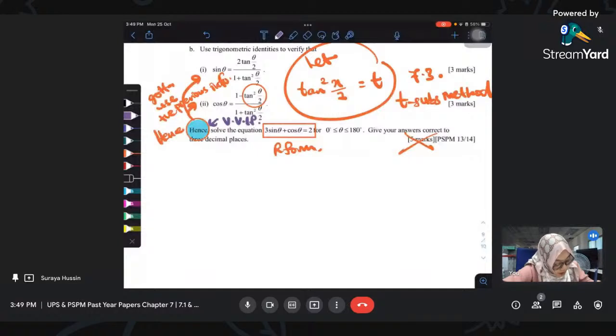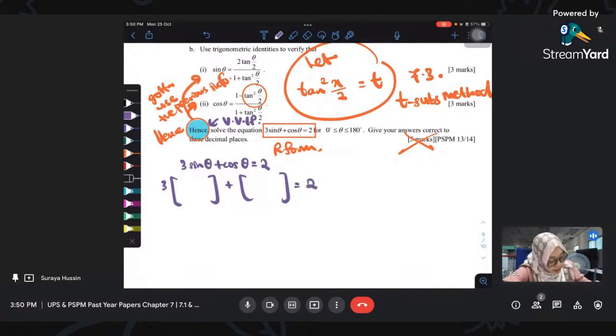Okay, so now let's solve it. 3 sine theta plus cos theta is equals to 2. So now, do you know what is your sine? Of course you know it. You just have to use it.